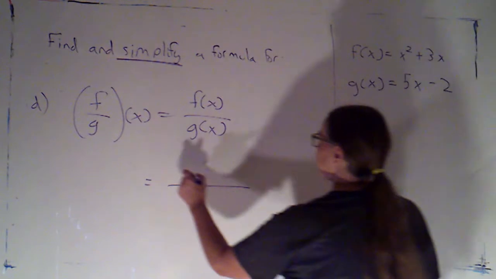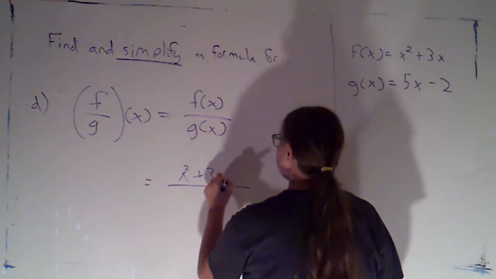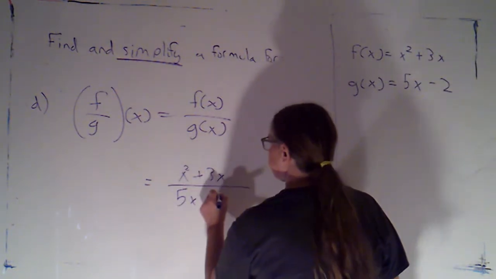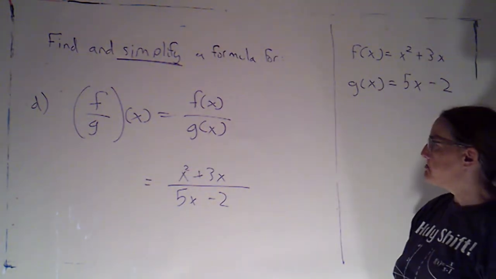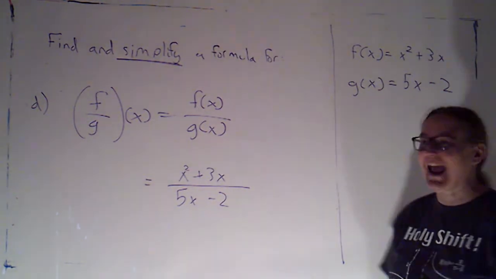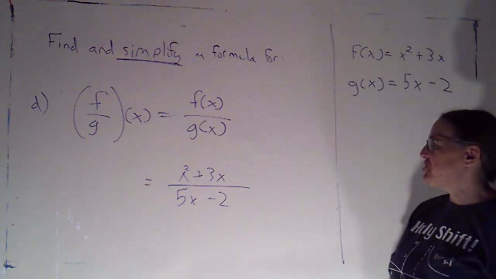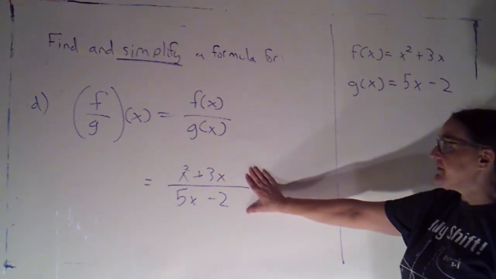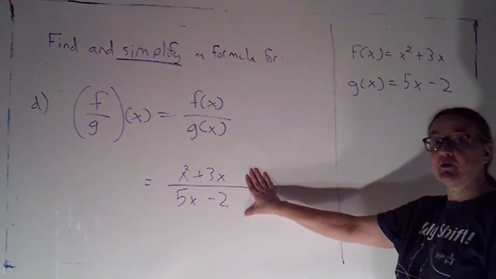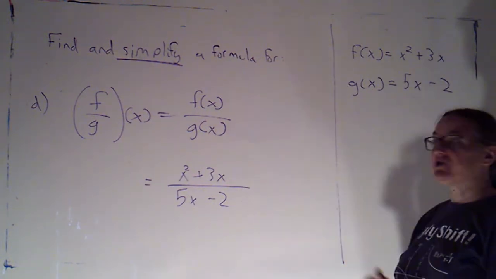So I can just copy these formulas: x squared plus 3x over 5x minus 2. And we're done. In this case, there's no simplifying to be done. I'm just going to leave it this way. This is generally how I would write polynomial division like this.